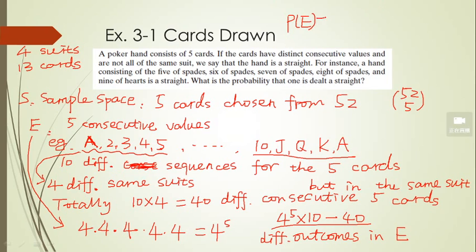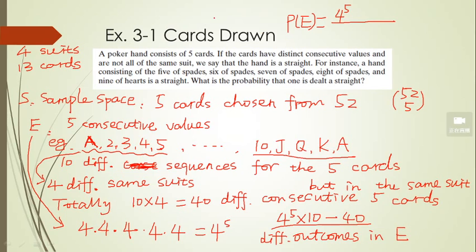That will be the outcomes in event E, which will be 4 to the 5, which means for each sequence you will have 4 to the 5 different combinations, and this includes the same suit, like you have all those five cards in the same suit, in spade or in heart or in club or in diamond.